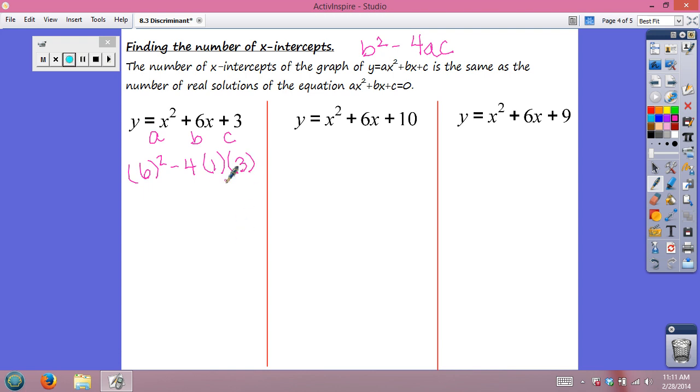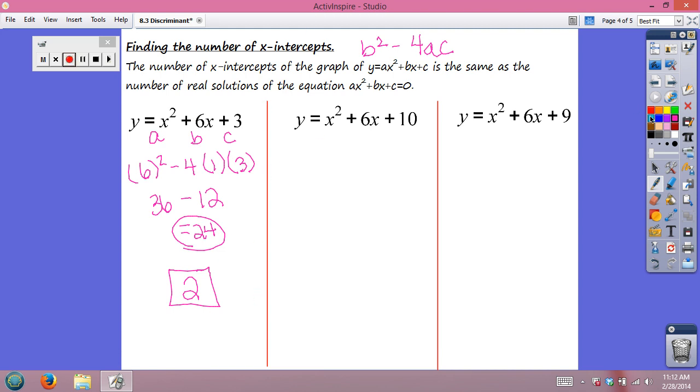So 4 times 1 times 3, that will be 12. Keep our minus in the middle. 6 squared is 36. 36 minus 12 is 24. 24 is a positive number, so we know that if we have a positive, we have 2 real solutions. So the answer is 2 x-intercepts.